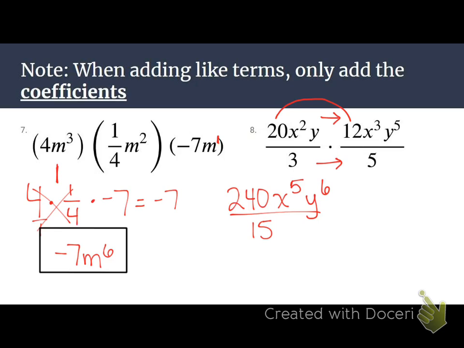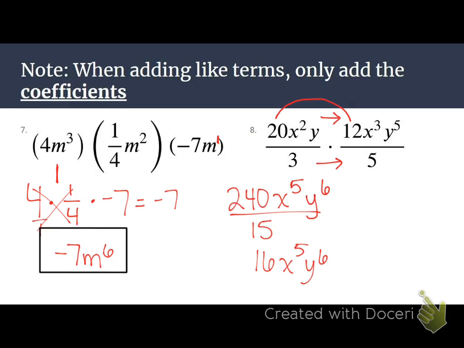Okay, what can we reduce? 240 divided by 15, that's 16. All right, so we end up with 16 x to the 5th, y to the 6th. Can I take this and make this xy to the 11th?